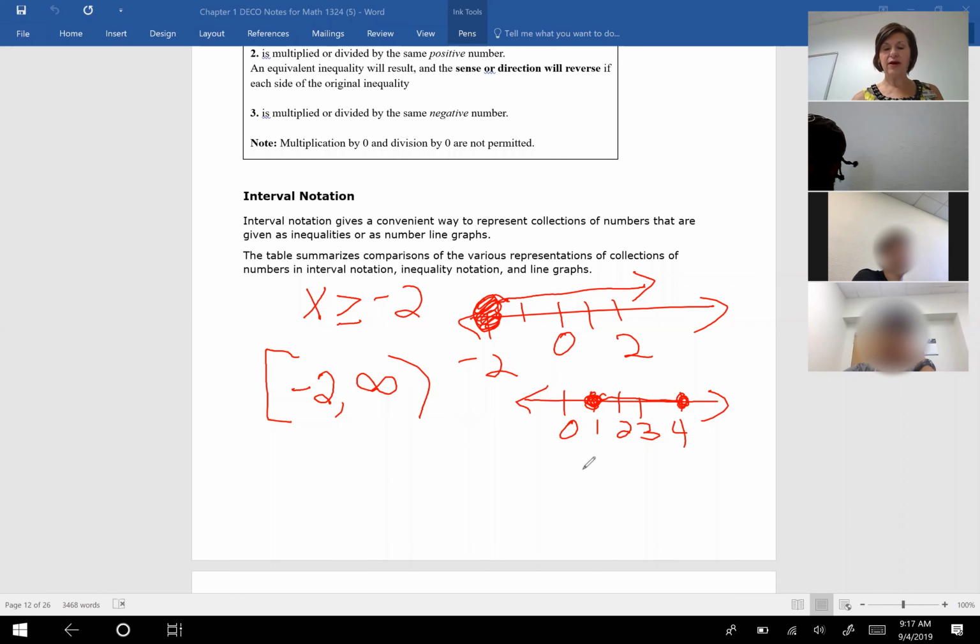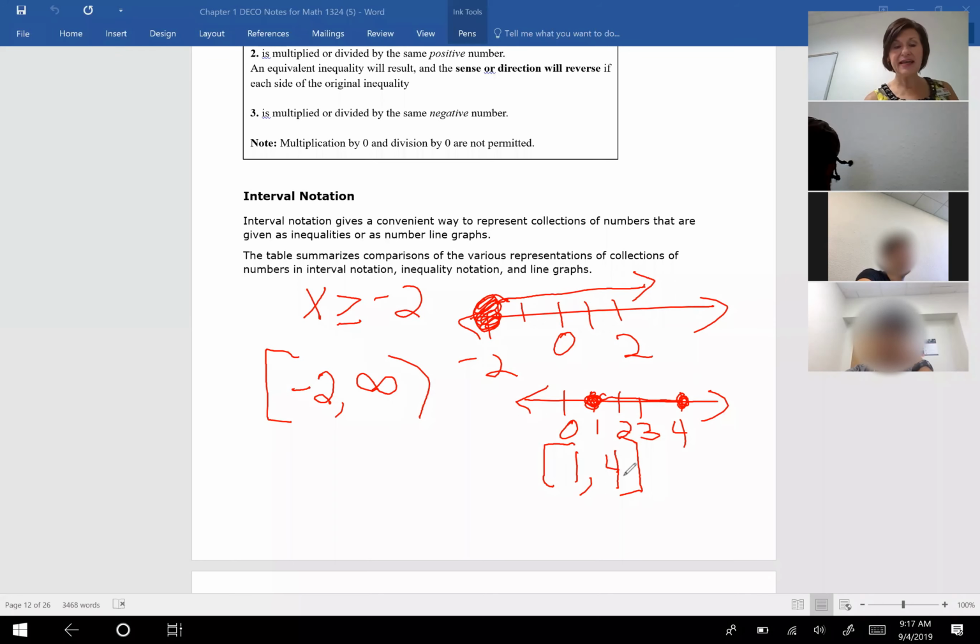We go from 1 to 4. Is 1 included? Yes, so it would need a bracket or a parentheses. Bracket. Is 4 included? So it would need a bracket. So you can have 2 brackets, you can have 1 of each, you can have 2 parentheses. You've just got to be sure that you always go from least to greatest. So you would go from left to right.